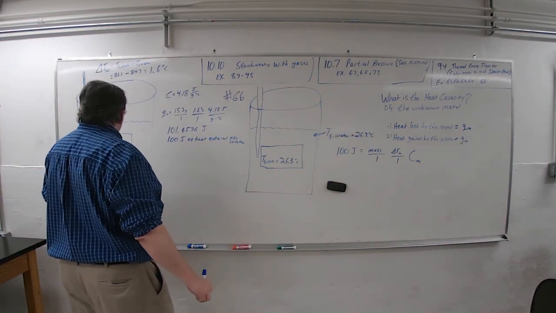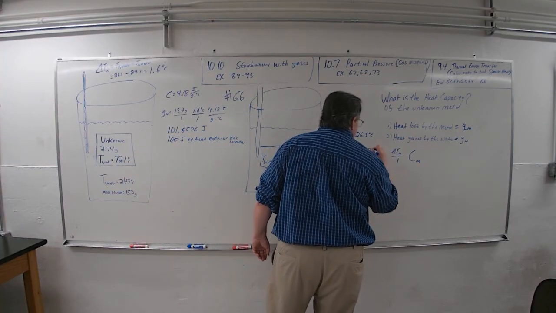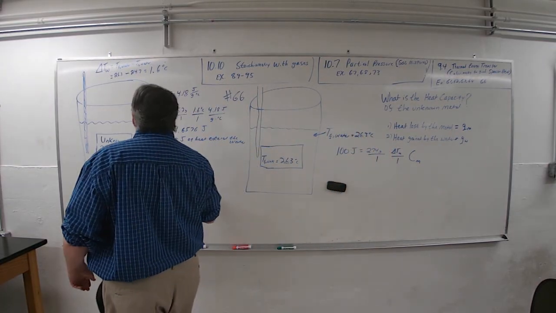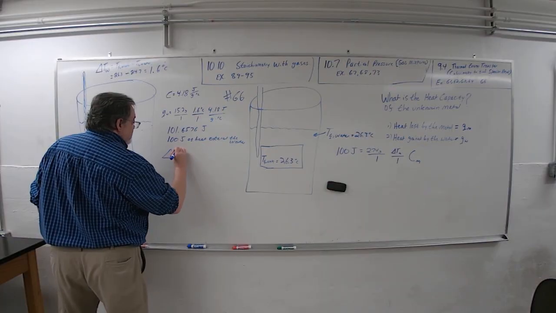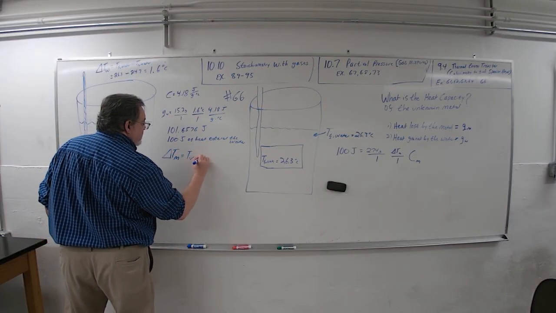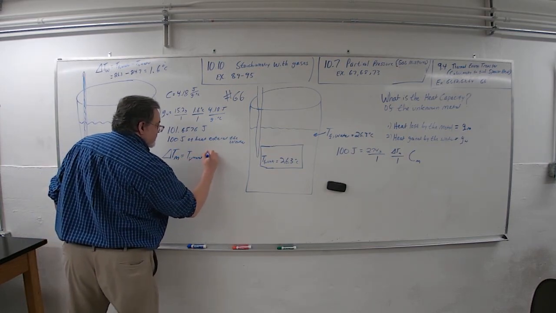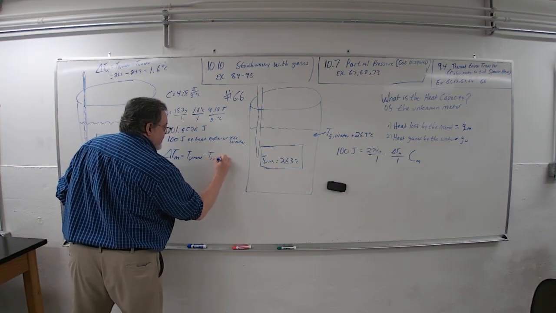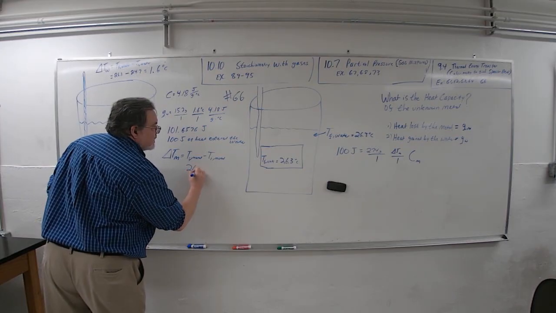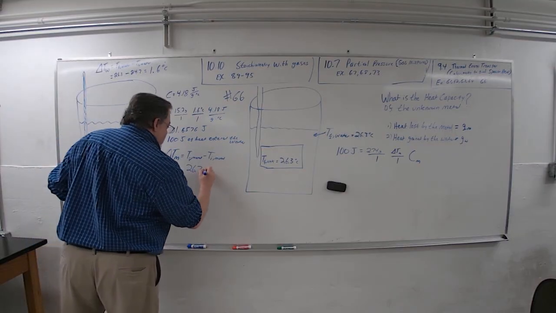The mass of the metal was 2.74 grams. The delta T for the metal is temperature final for the metal minus temperature initial for the metal. Final for the metal was 26.3. Initial was 72.1.